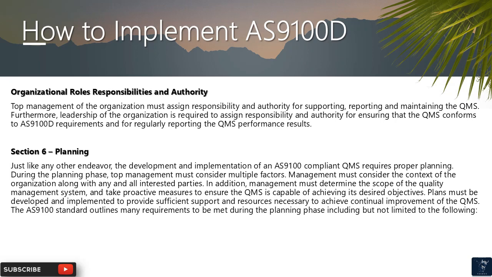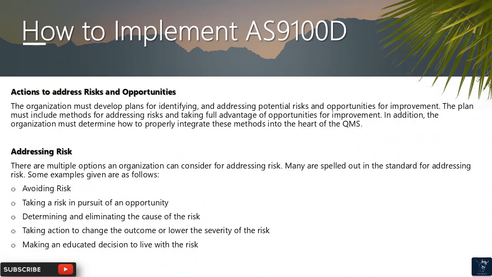Plans must be developed and implemented to provide sufficient support and resources necessary to achieve continual improvement of the QMS. The AS9100 standard outlines many requirements to be met during the planning phase, including but not limited to the following. Actions to address risks and opportunities.